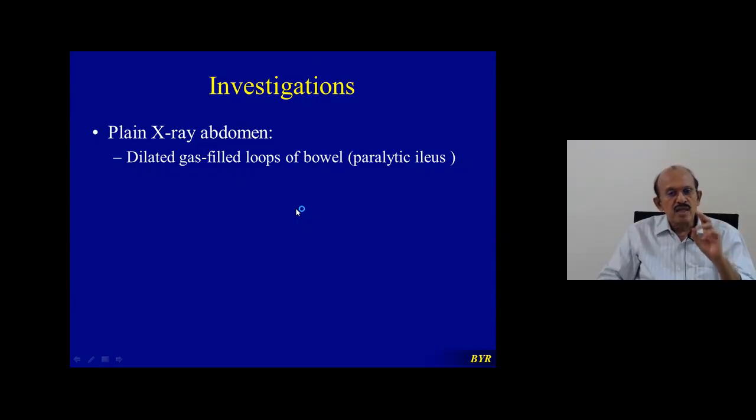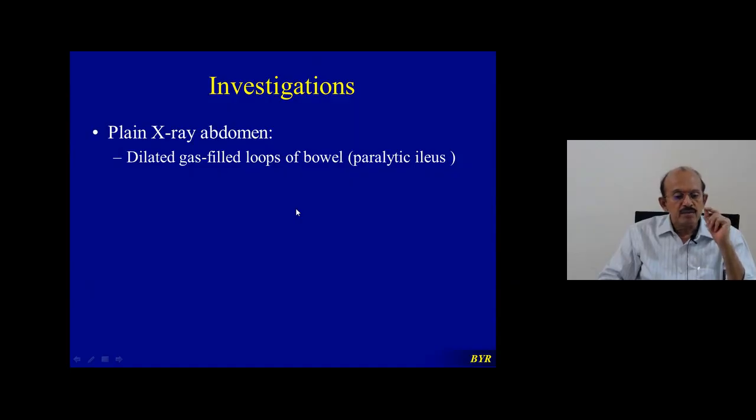So you take the plain X-ray abdomen for two reasons in erect posture. Number one, for air under the dome of the diaphragm, it is called the pneumoperitoneum. Number two, for air fluid levels. That can be due to intestinal obstruction or that can be due to paralytic ileus. Then you take the X-ray in supine position. What will it give you?